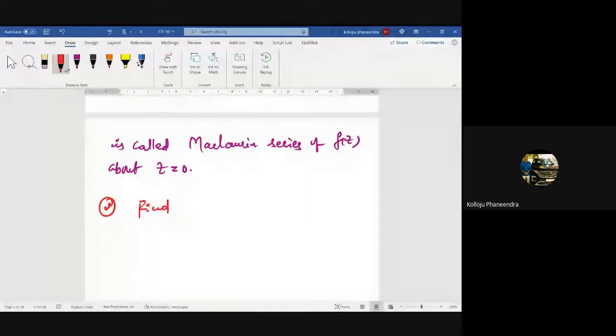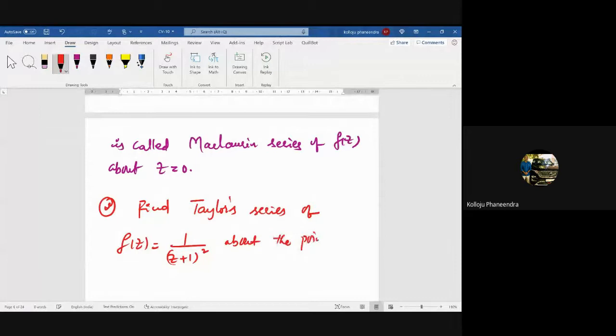Find the Taylor series, Taylor's expansion. Find the Taylor series of f of z equal to 1 by (z + 1) whole squared about the point z equal to minus i.